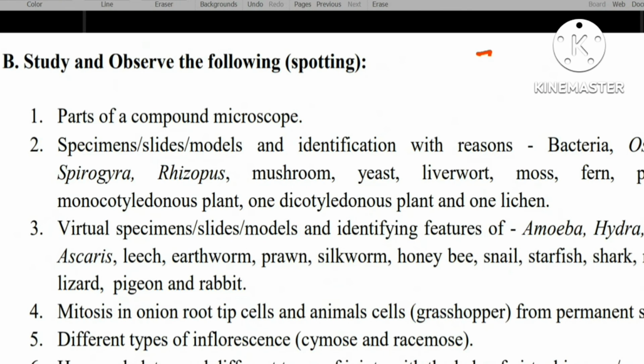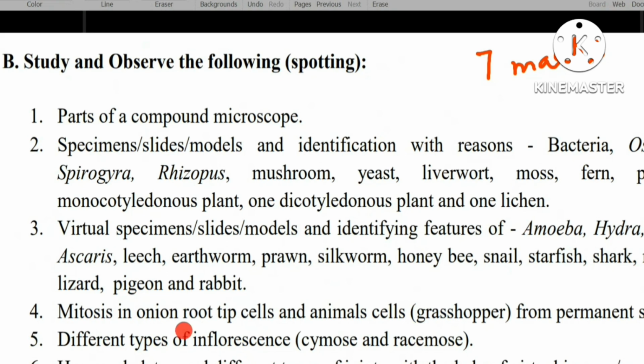And for spotting of 7 marks, these will be the different practicals. Parts of a compound microscope, different specimens, models and slides, some virtual specimens of amoeba, hydra, liver fluke, earthworm, like that.